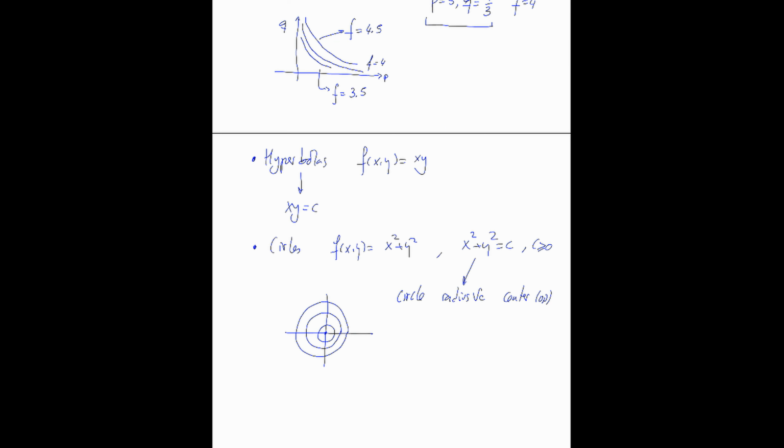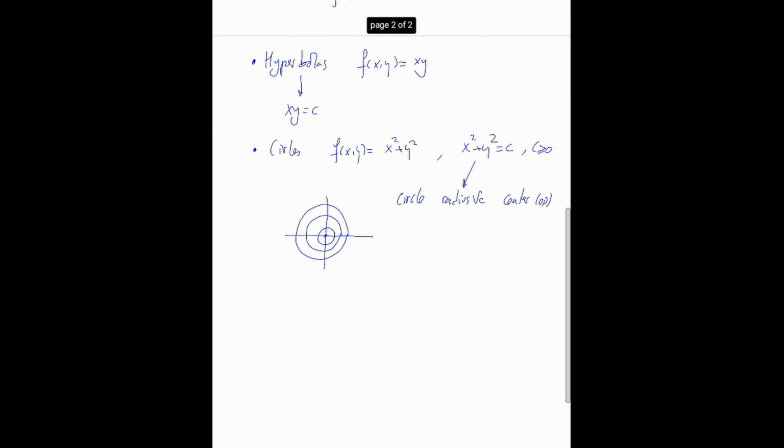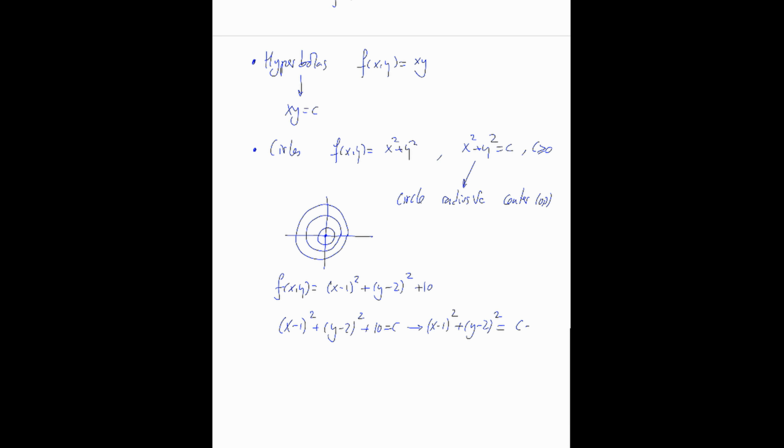Of course, circles don't need to be like that. It could be something like, for example, f of xy equals (x minus 1) squared plus (y minus 2) squared. That's another circle. Even if we add here plus 10, this is a circle because the level curve is (x minus 1) squared plus (y minus 2) squared plus 10 equals c, which simplifies to (x minus 1) squared plus (y minus 2) squared equals c minus 10.